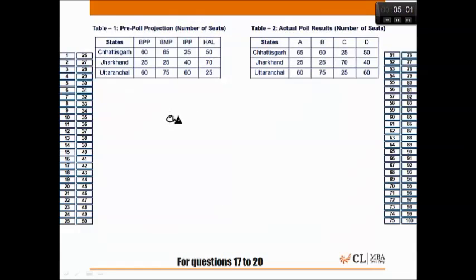So let's say Chhattisgarh, Jharkhand. Let's say A, B, C, D. Chhattisgarh 65, so let's say that's BMP.